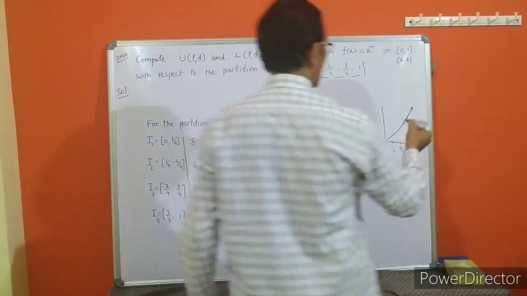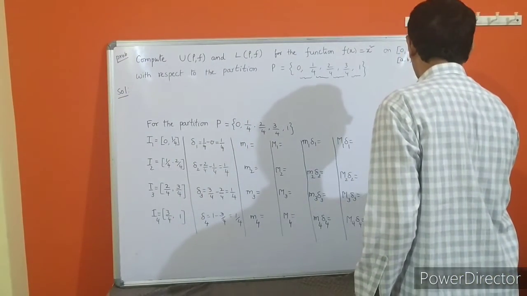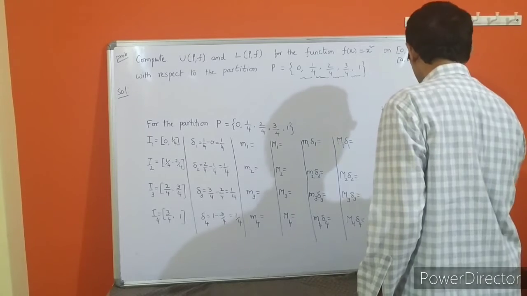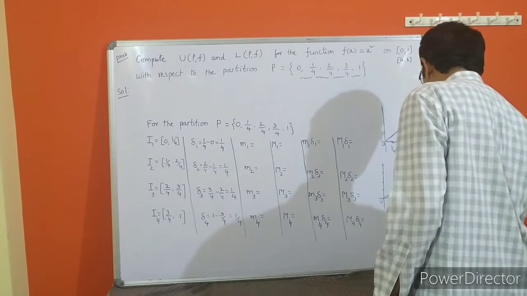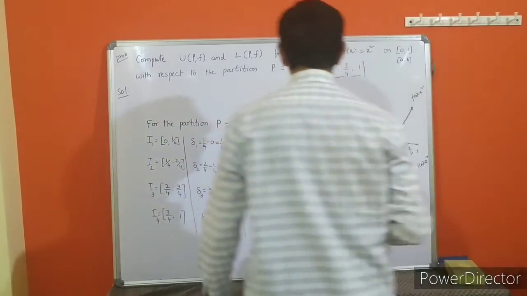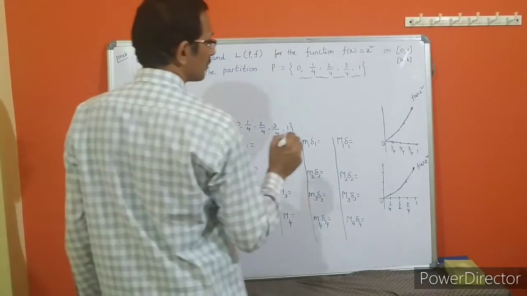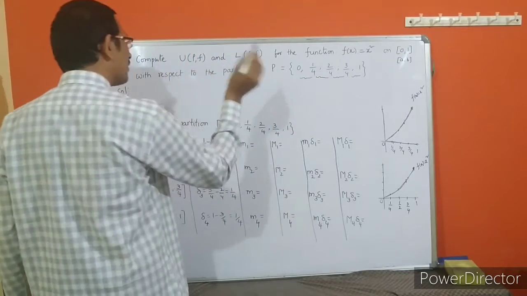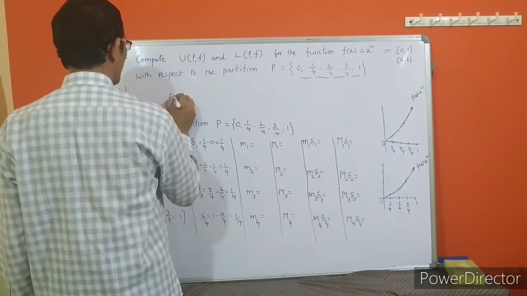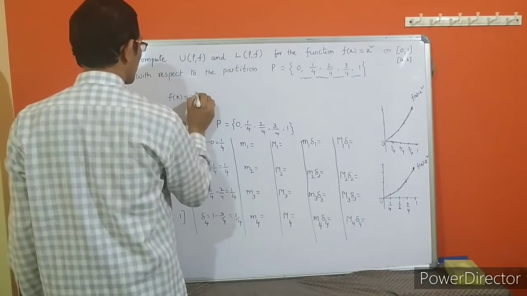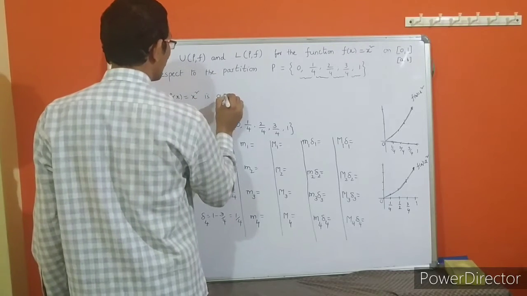Okay, this is the graph of f(x) = x². Now see, first observe the behavior of f(x). Here f(x) = x² is an increasing function.